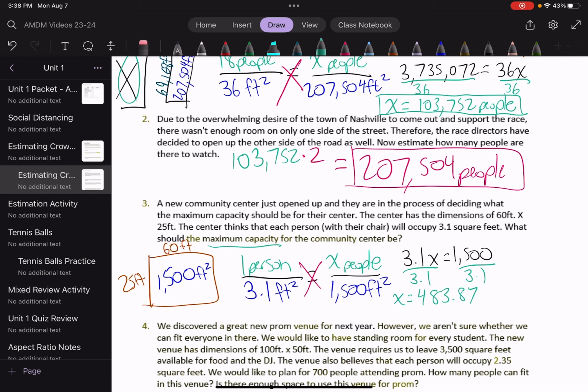But, guys, I can't have partials of people, but I also can't put too many people in. So if I round up, that's going to give me too many people. We're breaking the maximum capacity. So therefore, we're going to keep it at the whole number. So the amount of people that can actually occupy this community center, the maximum capacity, is going to be 483 people.